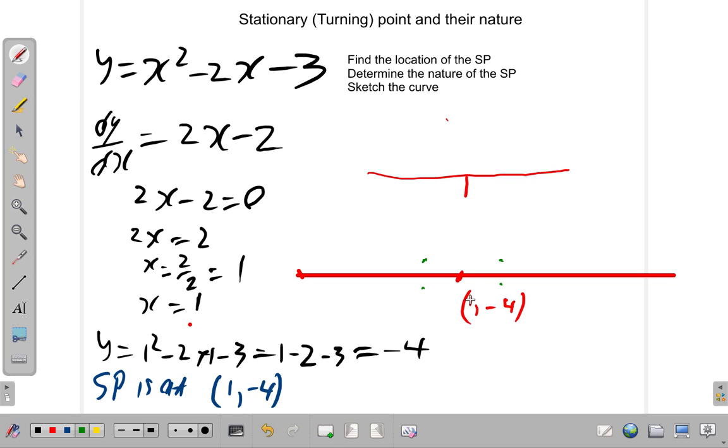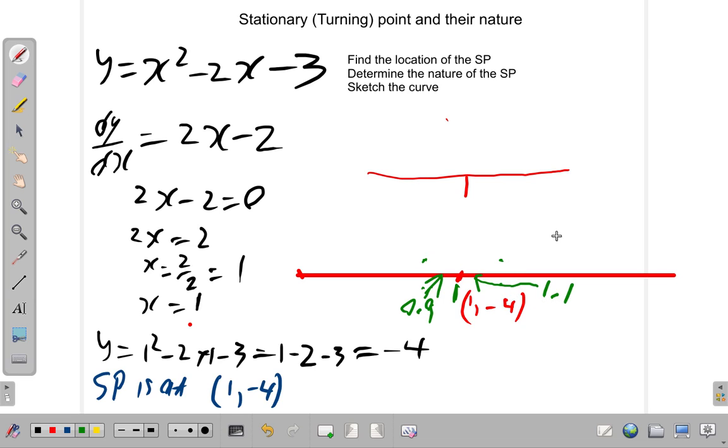Let's say we have x equal 1 right here. This is 1. We go to 0.9. Right here is 0.9. To the left and to the right, we choose a point here, 1.1.